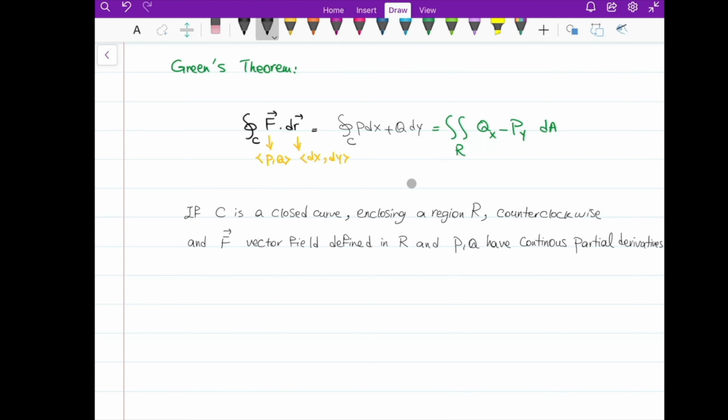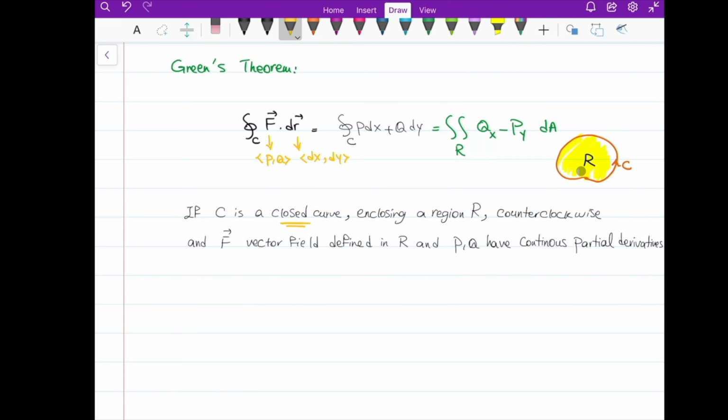So you see, we have a closed curve C like this, and it's enclosing a region R inside, and so C is closed. It's very important that Green's theorem is defined just for closed curves. And we have a region R, and the curve C is positively oriented, or we can say that it's counterclockwise oriented.